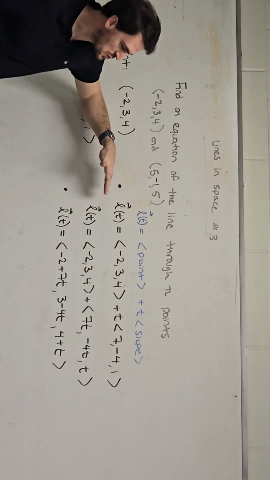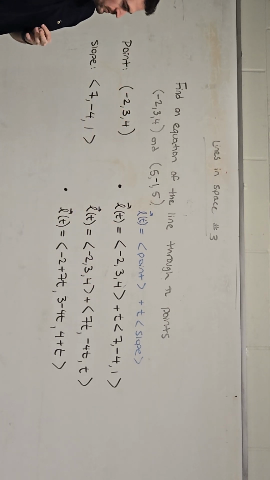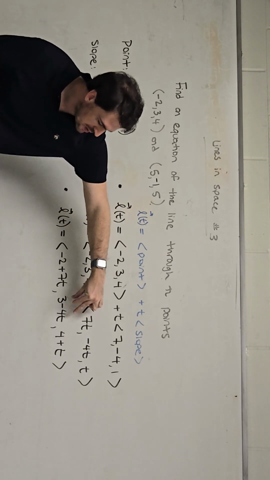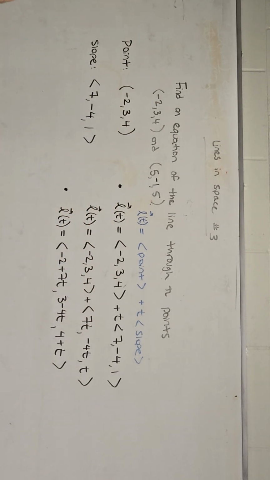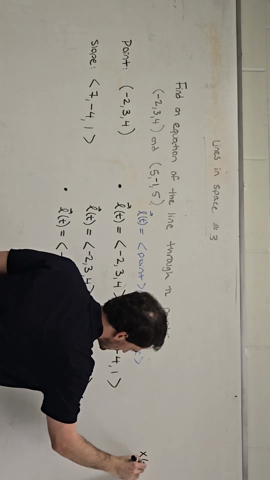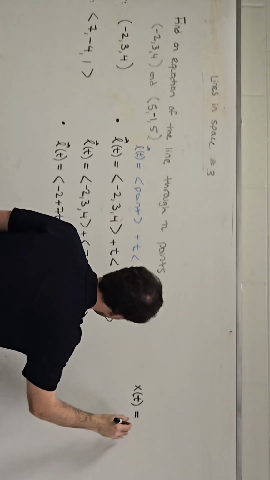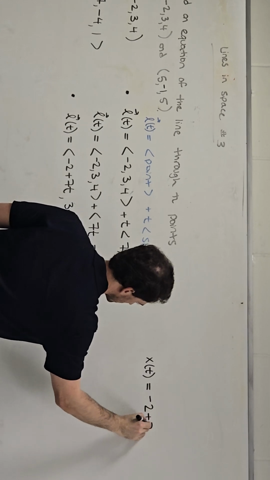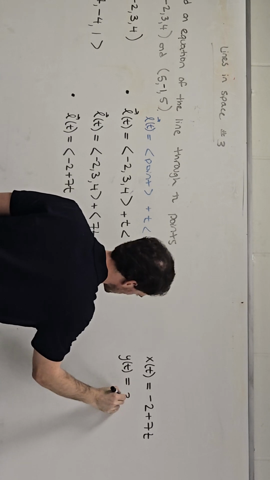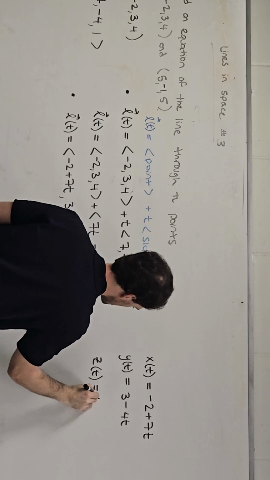This form is nice because you can easily identify a point and the slope, the direction vector. And this one gives you an x of t, a y of t, and a z of t. So if we wanted to write this in our parametric form, we can just say that x of t is whatever the x component is. The y component and the z.